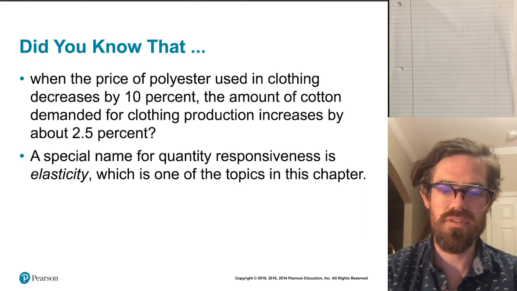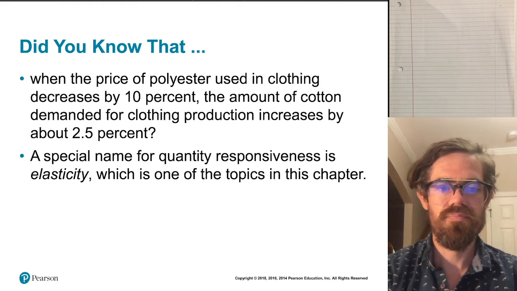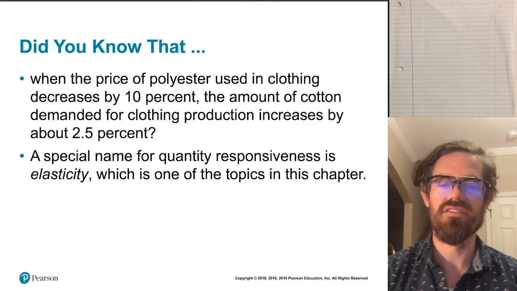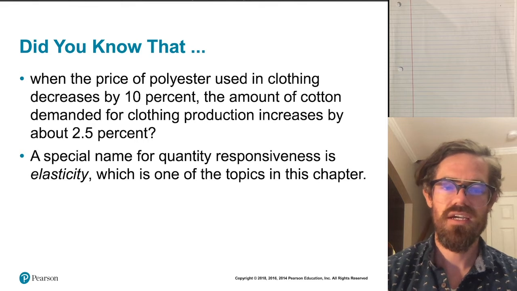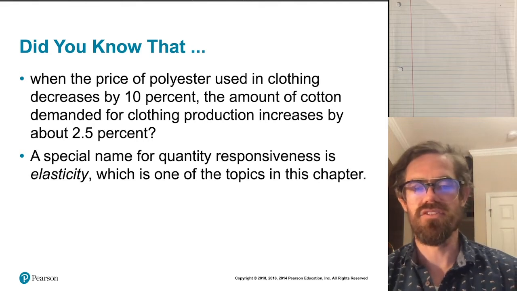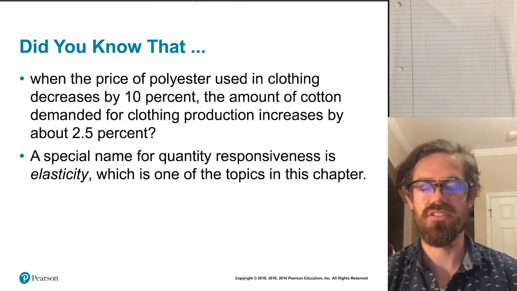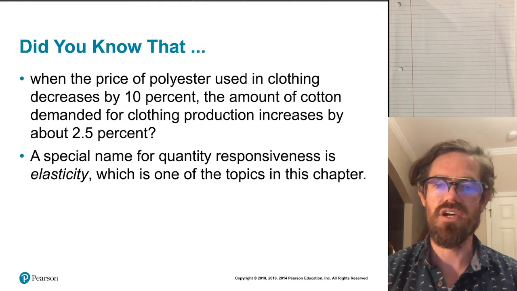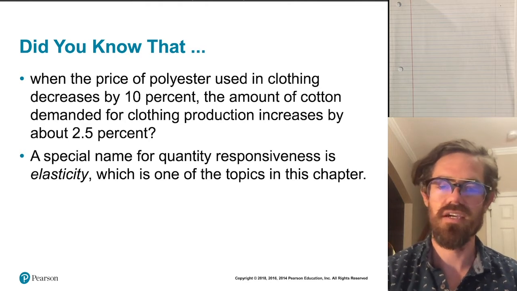So we're going to learn about what that means later. But again, what we're learning about is responsiveness, right? So what we're seeing is that there's a price change, and there's some change in quantity in response to the price change. So that's really what we're talking about here with elasticity. It's a measure of responsiveness, okay?